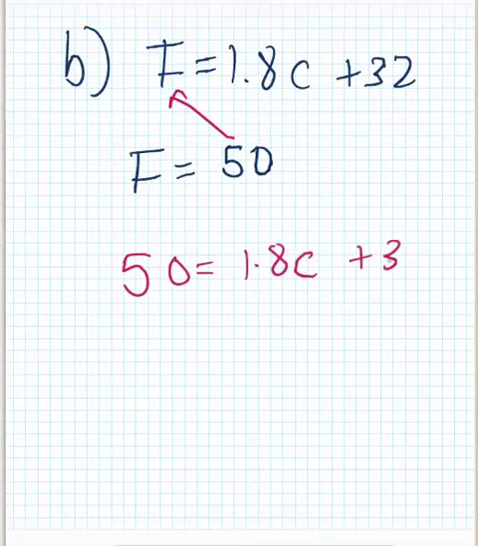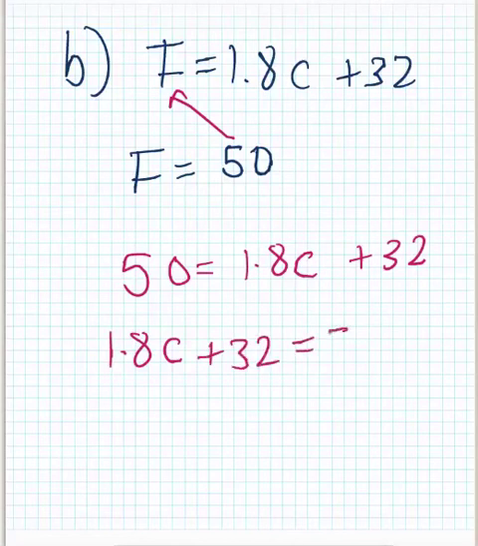Now, what I'm going to do is rewrite it so C is on this side. So 1.8C plus 32 equals 50. Okay, and now you can solve this. We want C to be by itself, so I have to minus 32 first, and minus 32.